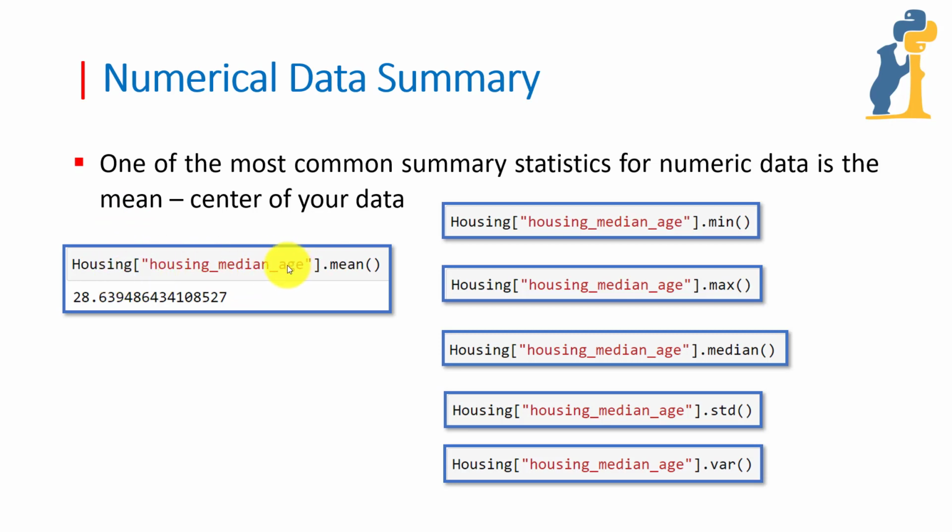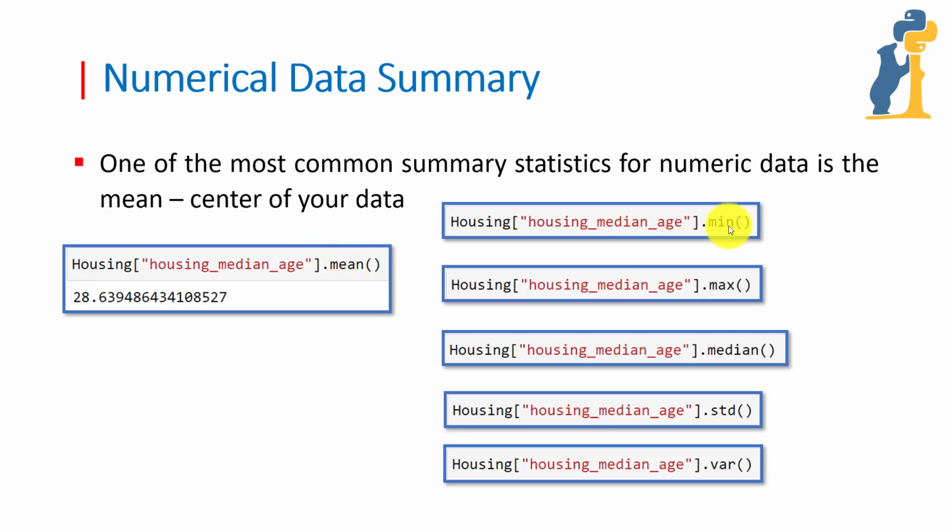First, subset the column you are interested in. If you are interested in housing median age and you want to get the center of the data, or the mean of housing median age, just call the method mean. Select the column you are interested in, this column, and then call the method mean.